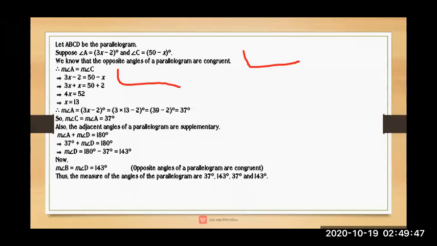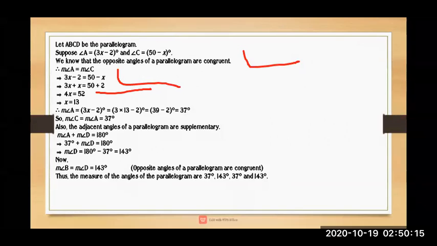Now we will take x to one side, so x equals 52 divided by 4. If we divide 52 by 4, we get the answer 13. So the value of x is 13. Once again I will repeat. Measure of angle A is equal to measure of angle C, as we learned the property, opposite angles of a parallelogram are congruent.